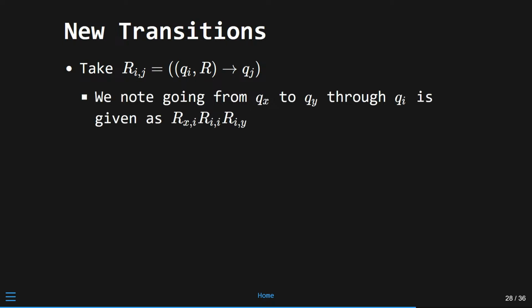If I go from Qx, state x, to state y by passing through Qi, the node I'm trying to remove, how do I do that? Well, in order to get to Qi, I'm going to go from x to i. While I'm at i, I'm going to go from i to i. And then to leave i, I'm going to go from i to y.